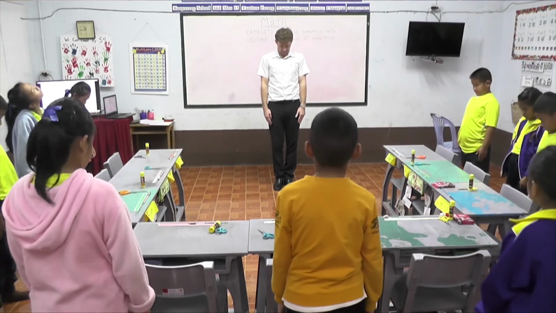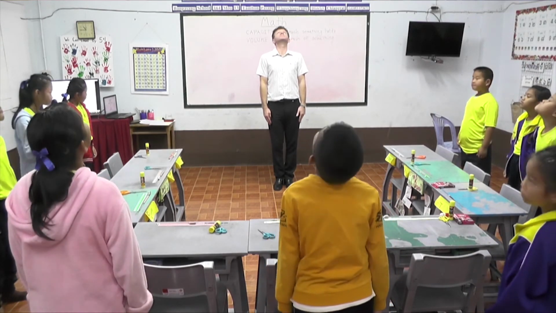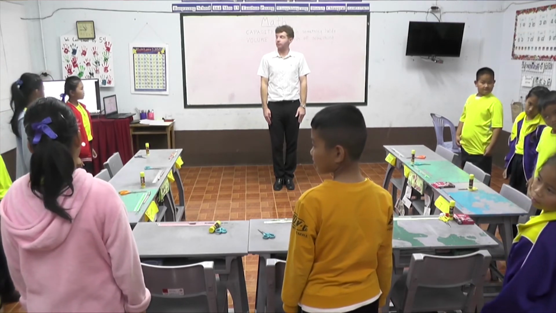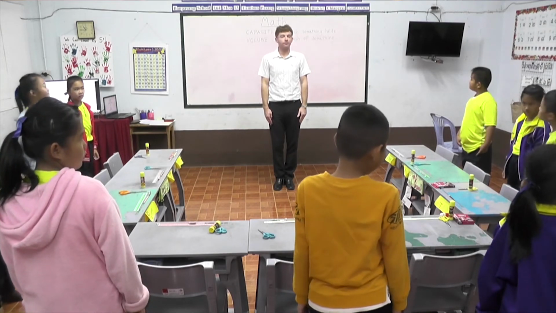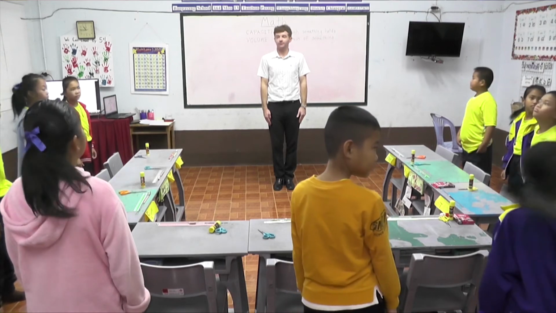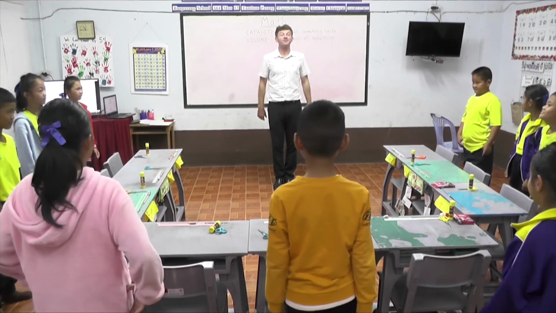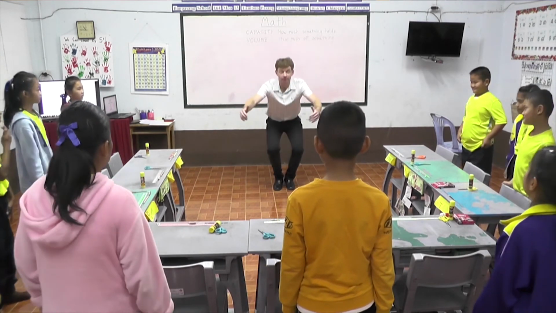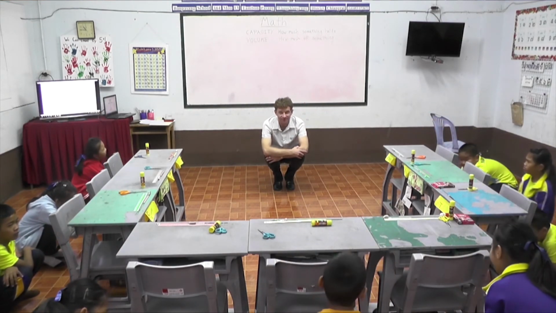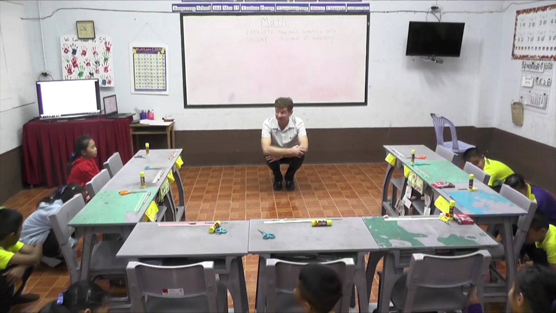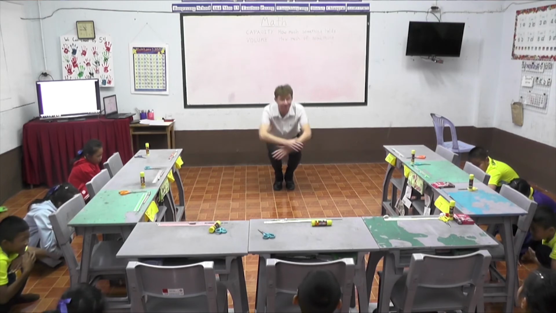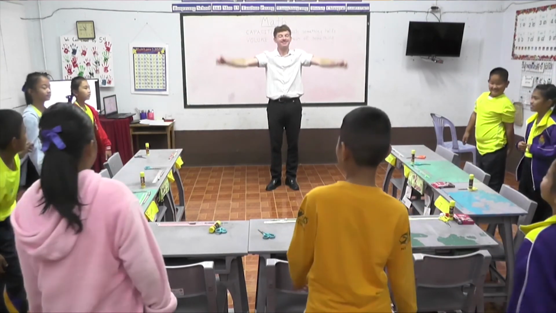Let's look down. Look up. Look down. Left. Look right. Look forward. Down. Up. Left. Right. Forward. Excellent. And to finish, we will go down into a ball. 5, 4, 3, 2, 1, jump! Excellent, guys. Have a seat.